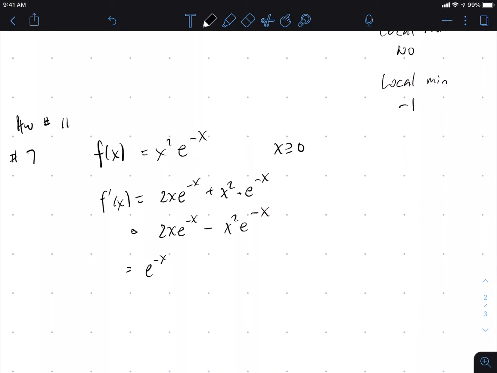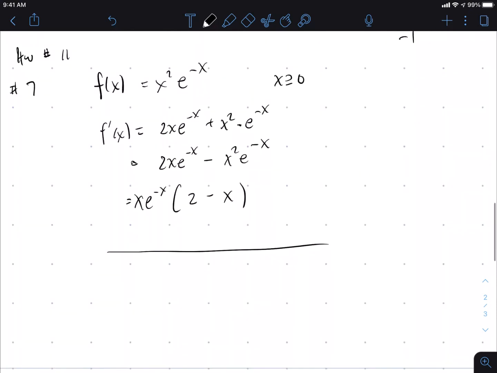This is going to be e to the negative x and 2x minus... I can pull out an x also. I'm trying to make my life as easy as possible. I'm going to get 2 minus x. So I can see that 0 is a critical number and 2 is a critical number, right? So 0 and 2.